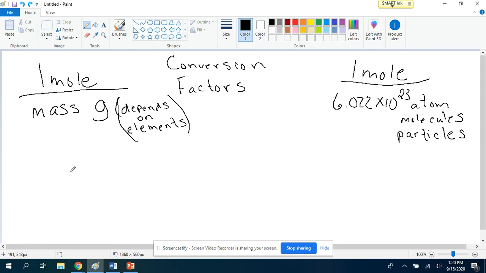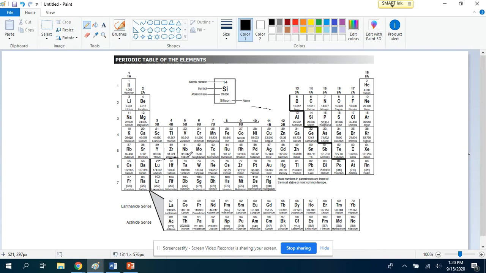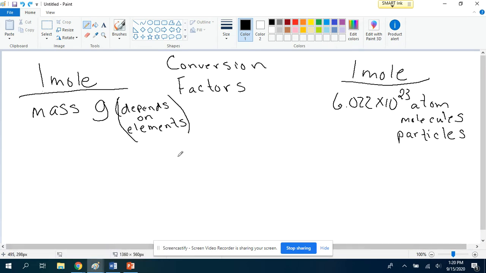Like I showed you on your periodic table a while ago, if we were dealing with copper, which we are right now, this would be the molar mass, 63.546. Okay, so it depends on which element you're dealing with. That's why it just says mass. That can be different numbers, but it is 63.546 grams in 1 mole, okay?